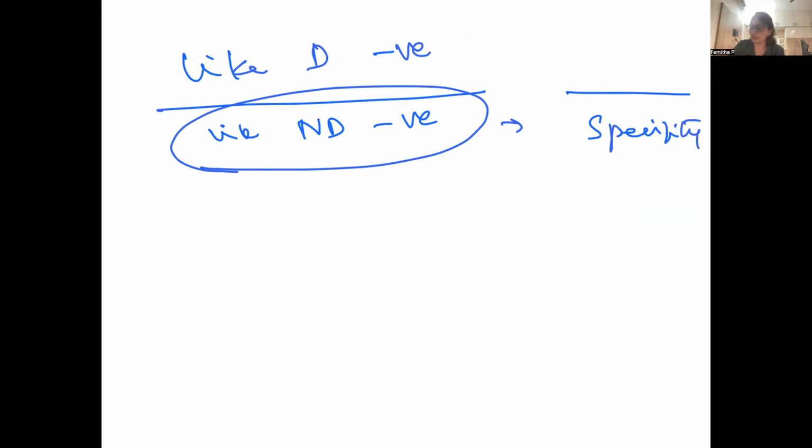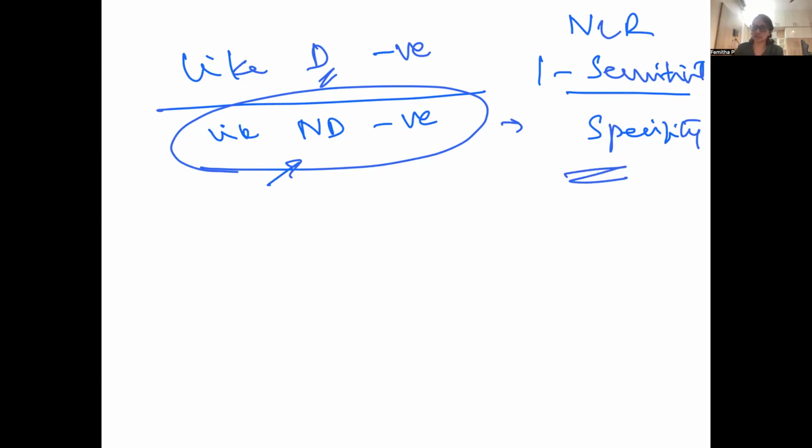And the top one is diseased getting test negative, which is 1 minus sensitivity. This is the NLR, correct? Sensitivity was nothing but diseased getting test positive, so the likelihood of a negative result in a non-diseased is the same as the specificity.